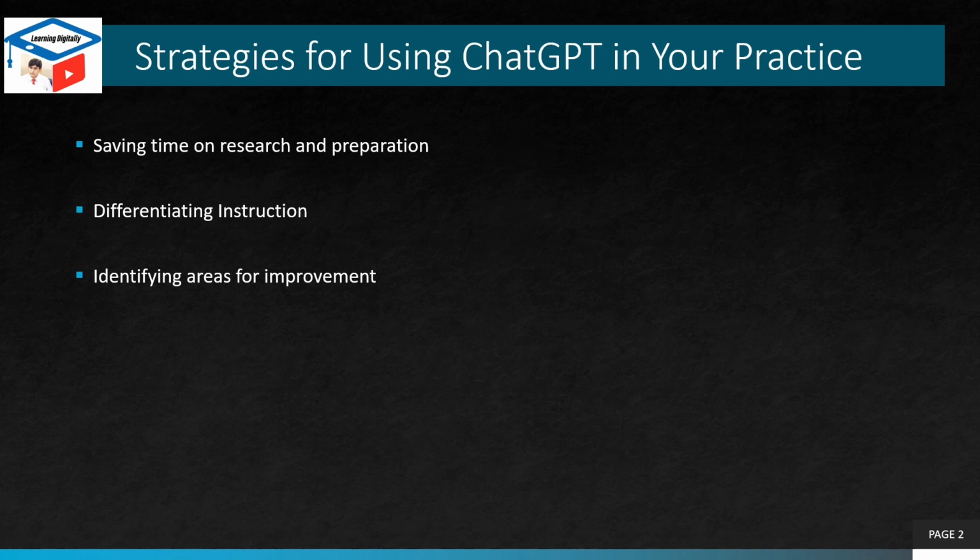Number three, identifying areas for improvement. AI can help you identify areas where students may need additional support or where the curriculum may need to be adjusted. This can help you create more effective and targeted lesson plans that address the specific needs of your students.